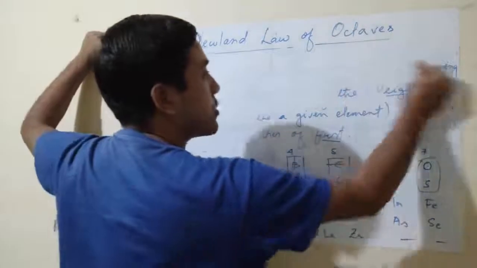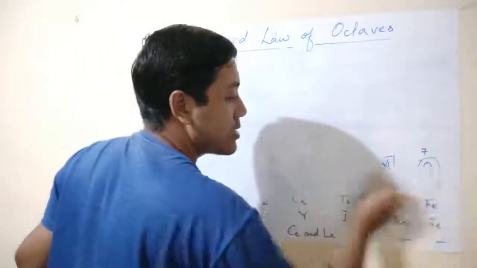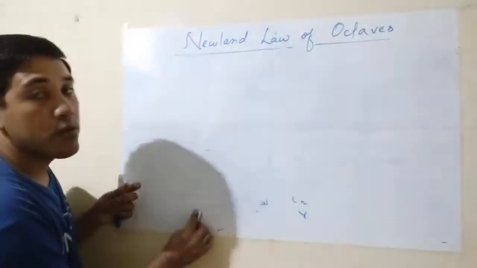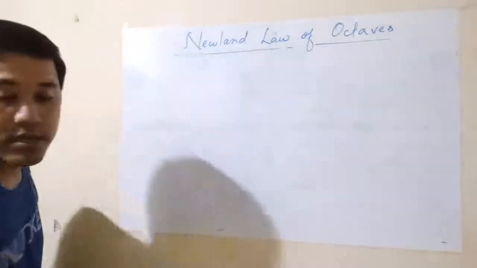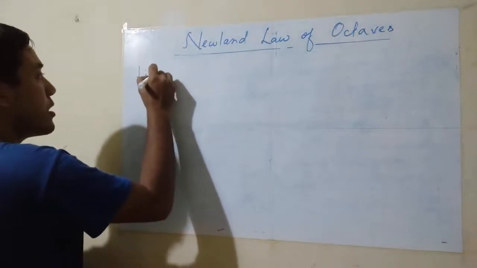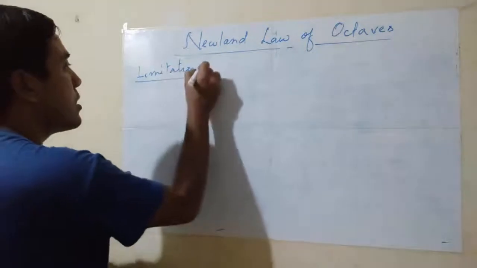But the most important part is this statement. And now I will write about the limitations. What are the drawbacks? Limitations.